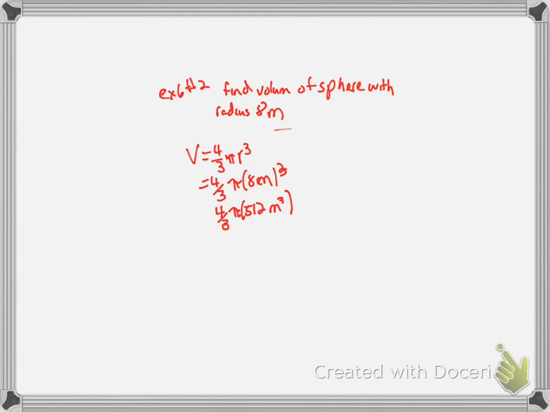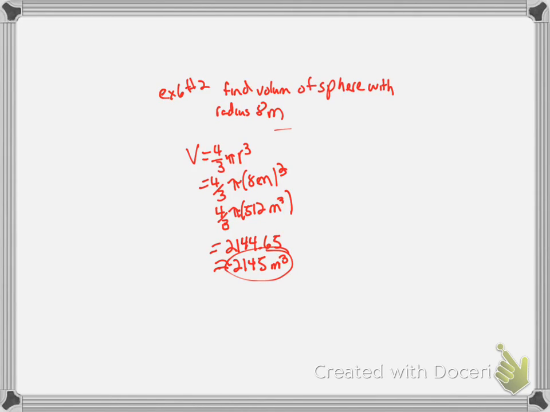Okay, we're going to multiply that times 4 times pi divided by 3. That gives me a rather large number, which is 2,144.65, which, if we're rounding to the nearest whole number, is approximately 2145 meters cubed.